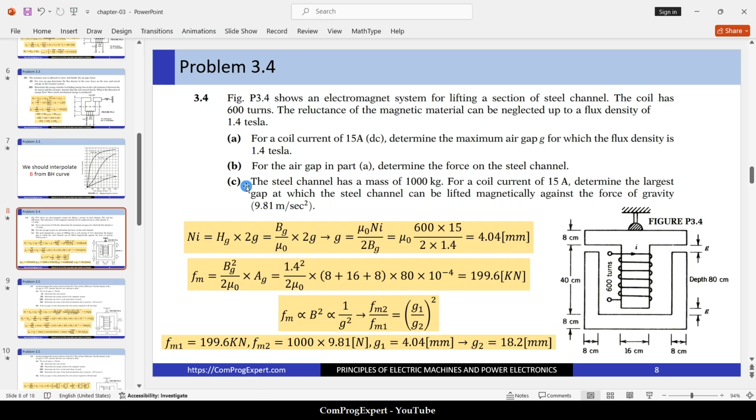Part C, the steel channel has a mass of 1000 kilograms. For a coil current of 15 amps, determine the largest gap at which the steel channel can be lifted magnetically against the force of the gravity. What is the value of the force of the gravity?